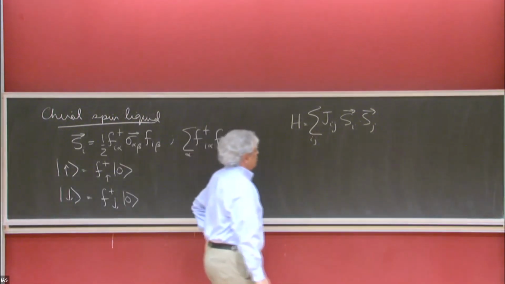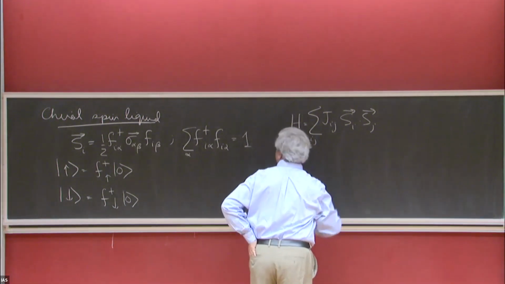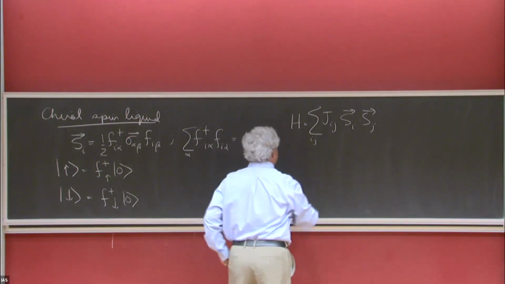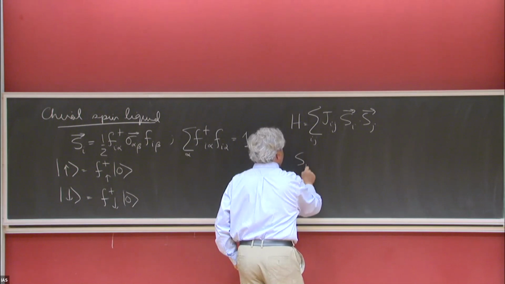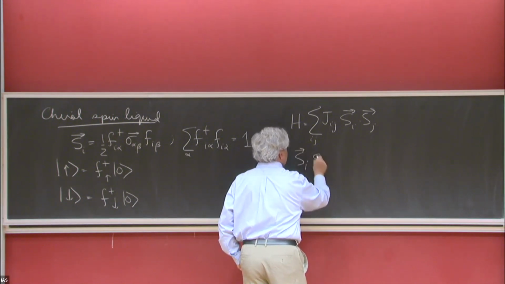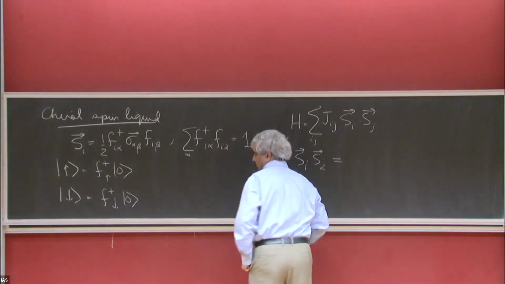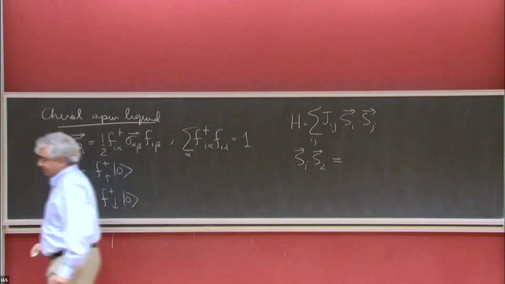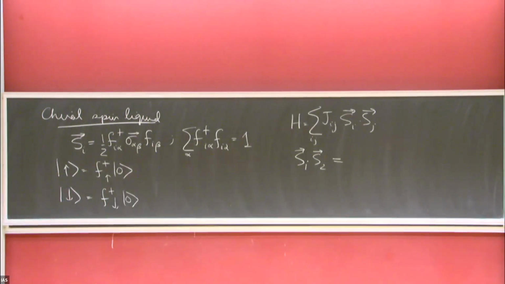Okay, so you take this interaction here. So you take S1 dot S2, and after some identities and using this constraint, just like we did for the bosons, you can rewrite it in a way that's going to motivate the mean field theory we're going to look at.